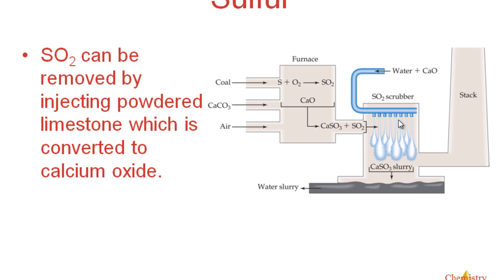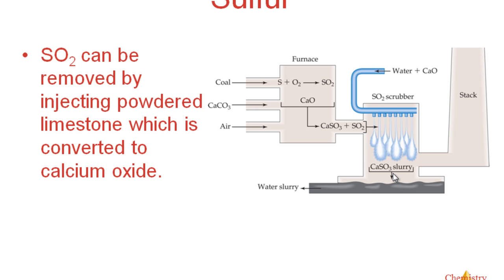What you have here is a slurry of calcium oxide and water. Any leftover sulfur dioxide will be picked up by the slurry, so you get a calcium sulfate slurry. So this will remove most of the sulfur dioxide from the furnace.